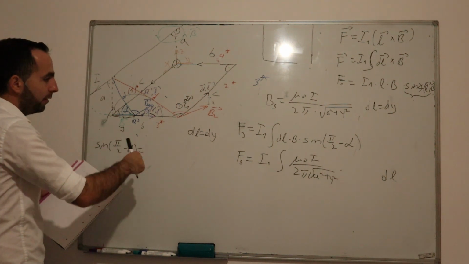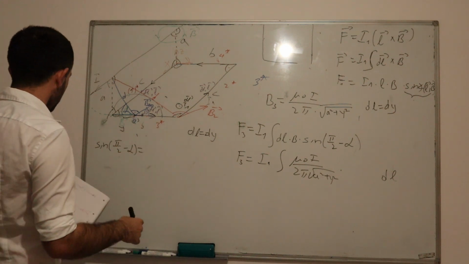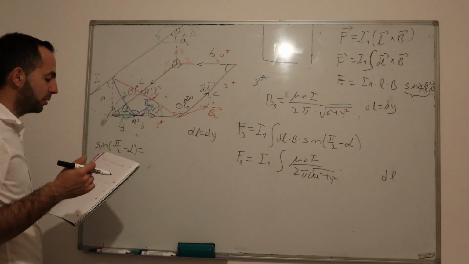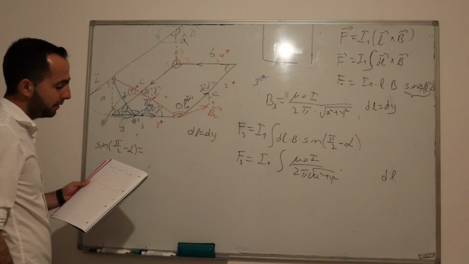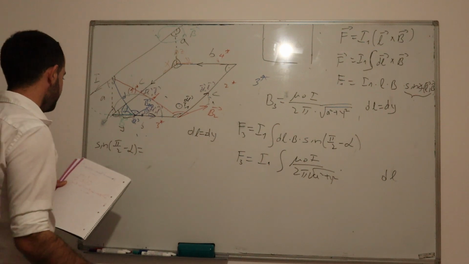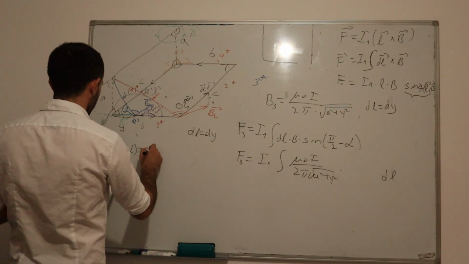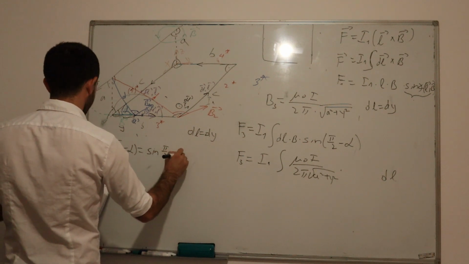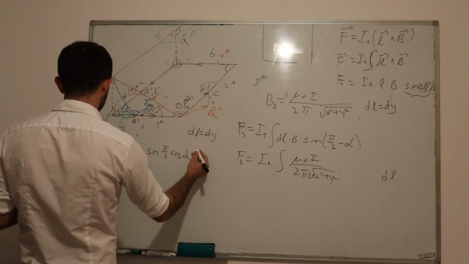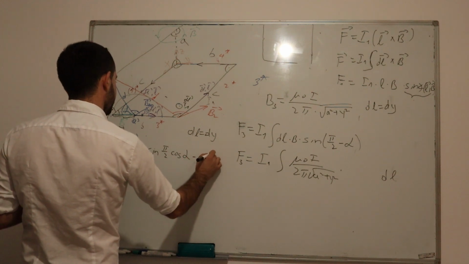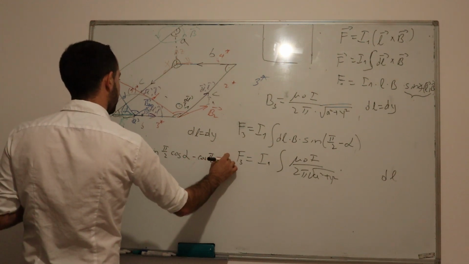Well, for sine of pi and a half minus alpha, you must remember the trigonometric identity: sine of alpha minus beta is equal to sine alpha times cosine beta minus cosine alpha times sine beta. So here we will have sine pi and a half times cosine alpha minus cosine pi and a half times sine alpha.